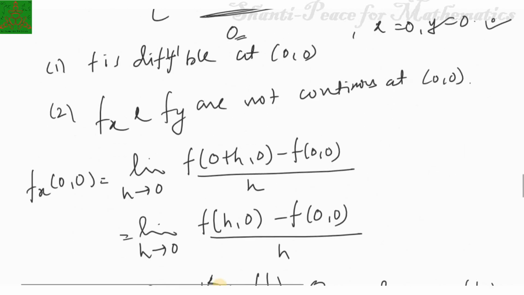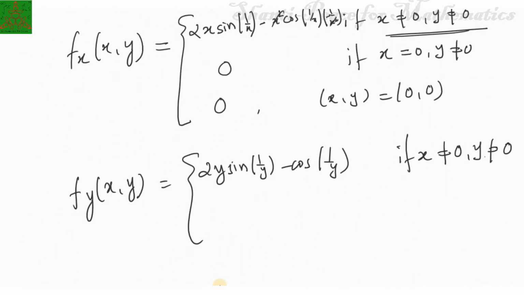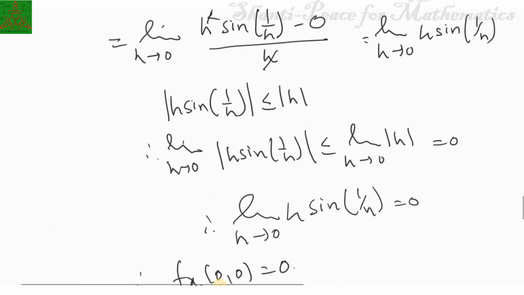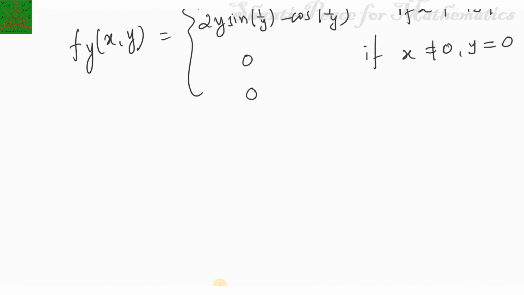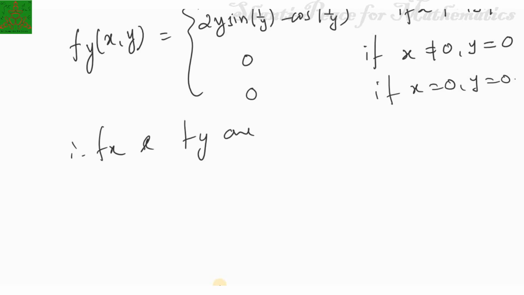Using the product rule, we'll have this. It is 0 if x is non-zero and y is 0, and 0 if both of them are 0. Okay, so that means we can say that fx and fy exist everywhere.